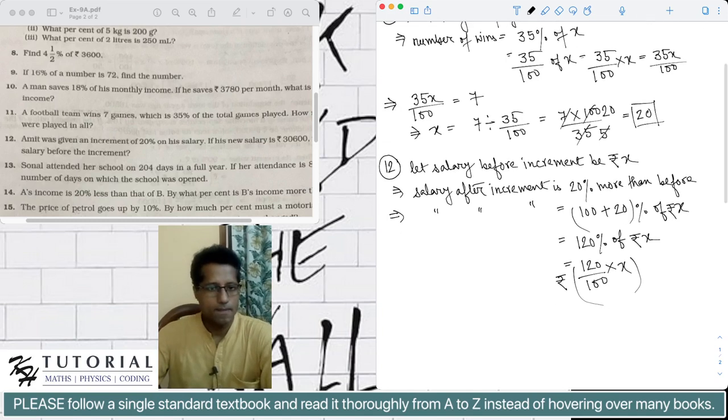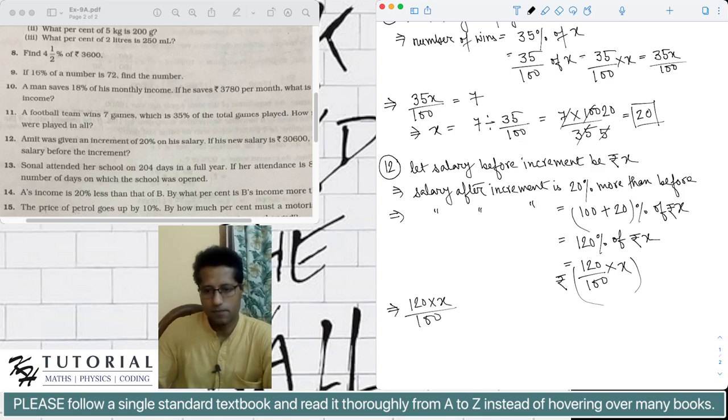Now the new salary, that is salary after increment, is given to be 30,600. So we can say that 120 multiplied by X divided by 100 is equal to 30600. This implies X is equal to 30600 multiplied by 100 divided by 120.